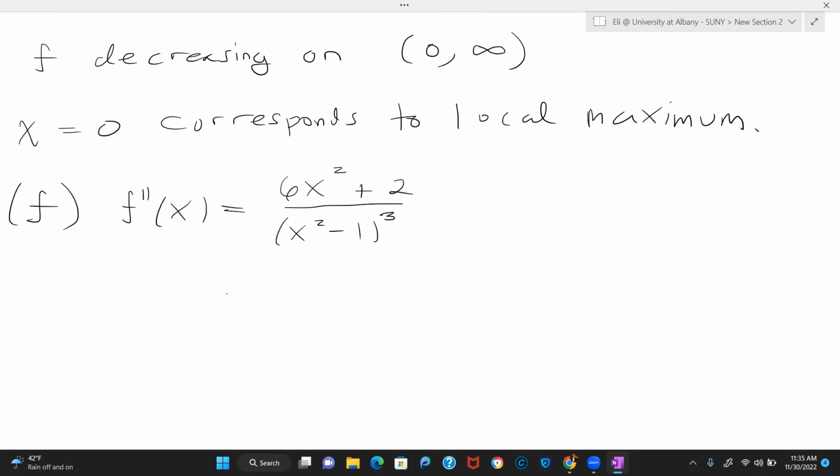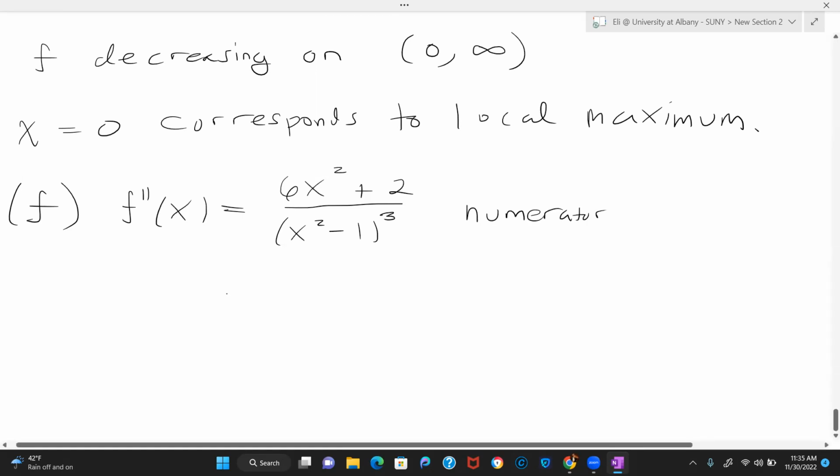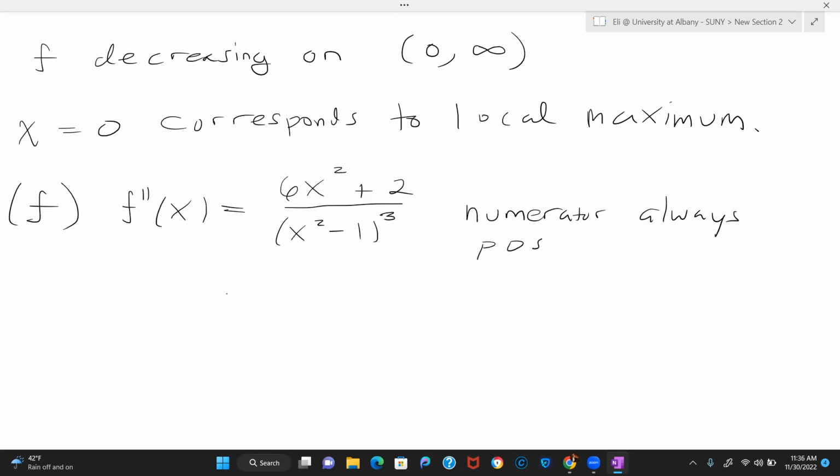Notice the numerator, we're going to have the reverse situation. The numerator is always positive. And so if we want to determine the sign of f double prime, we need to look at the denominator. Why is that?